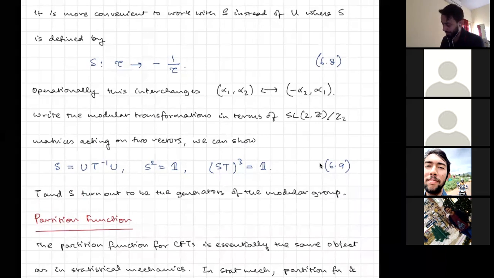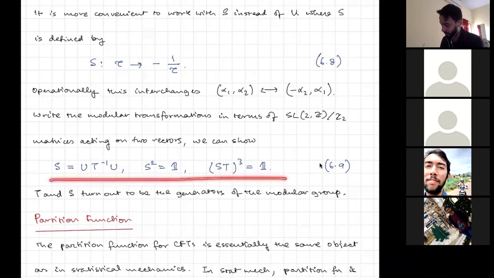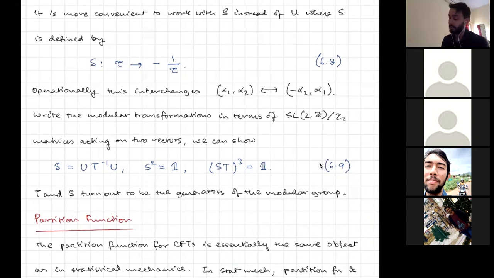You can also check these particular relations. You can just plug them into the vectors and series, I mean the matrices that I showed you, and just multiply them, and you can find this out. Okay, very good. So these are the transformations.